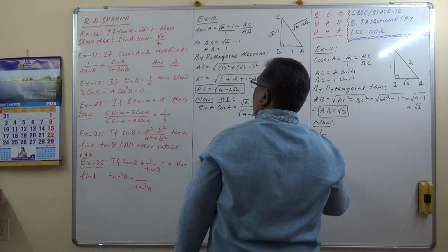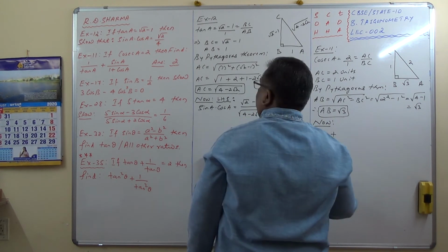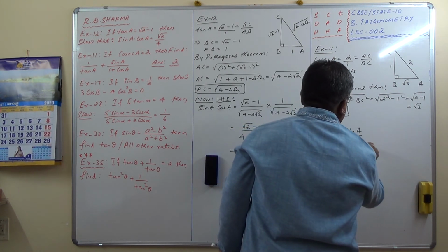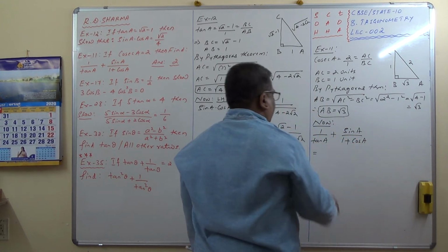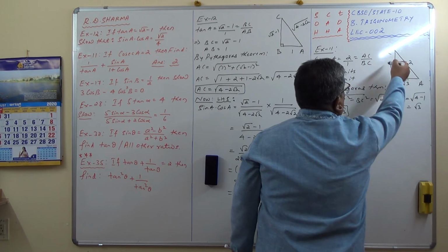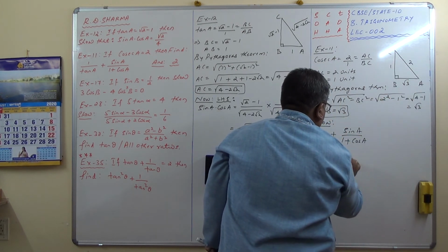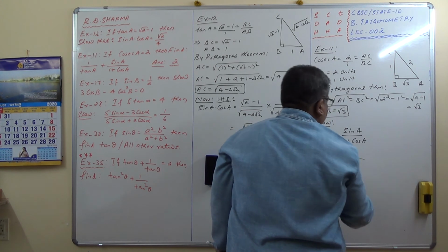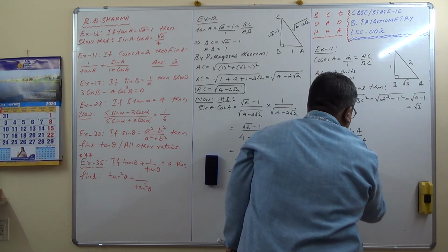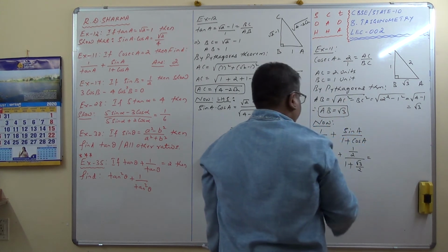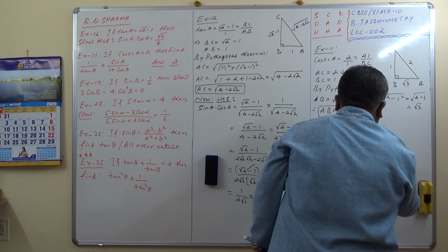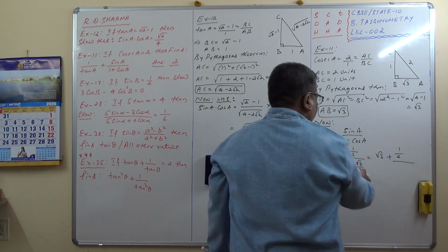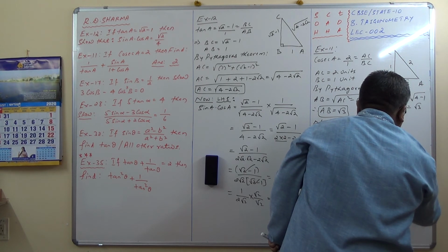Therefore 1 over tan A plus sin A by 1 plus cos A equals 1 divided by tan of A, 1 by root 3, plus sin of A, 1 by 2, the whole divided by 1 plus cos of A. Cos of A is root 3 by 2, which equals root 3 comes up, root 3 plus 1 by 2 as it is, 1 by 2, the whole divided by, here it is 2 plus root 3, 2 plus root 3, the whole divided by 2 here.